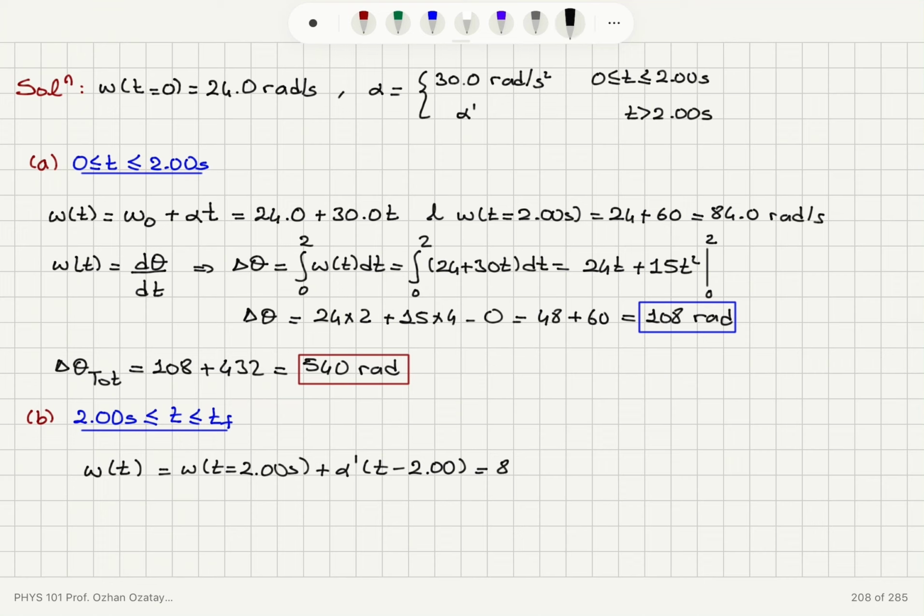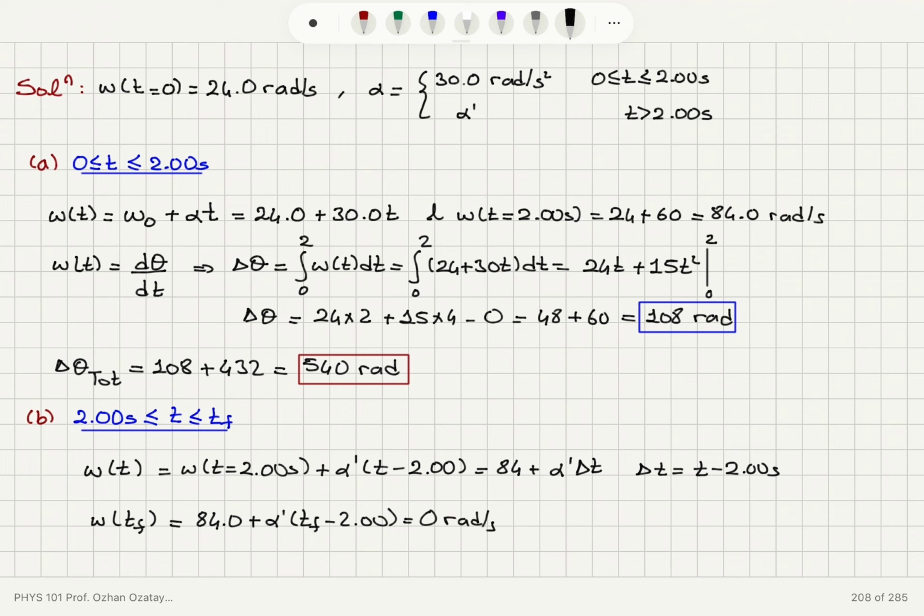So we start with 84, and as time goes by, we have alpha prime times delta t, where delta t is t minus 2 seconds. And when we evaluate omega at t equals t final, that is when we have 84.0 plus alpha prime times t final minus 2.00, and this must be equal to 0 radians per second.